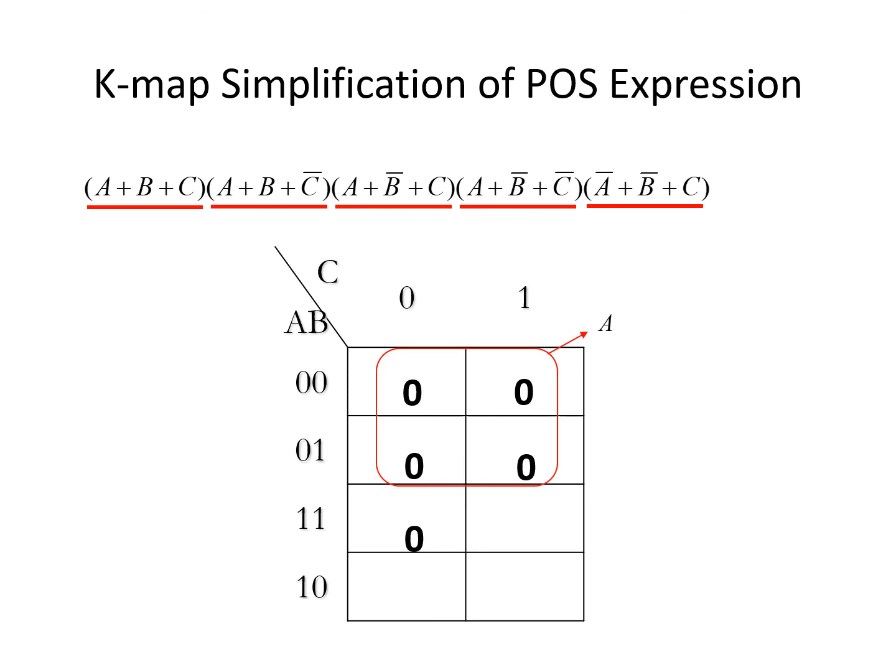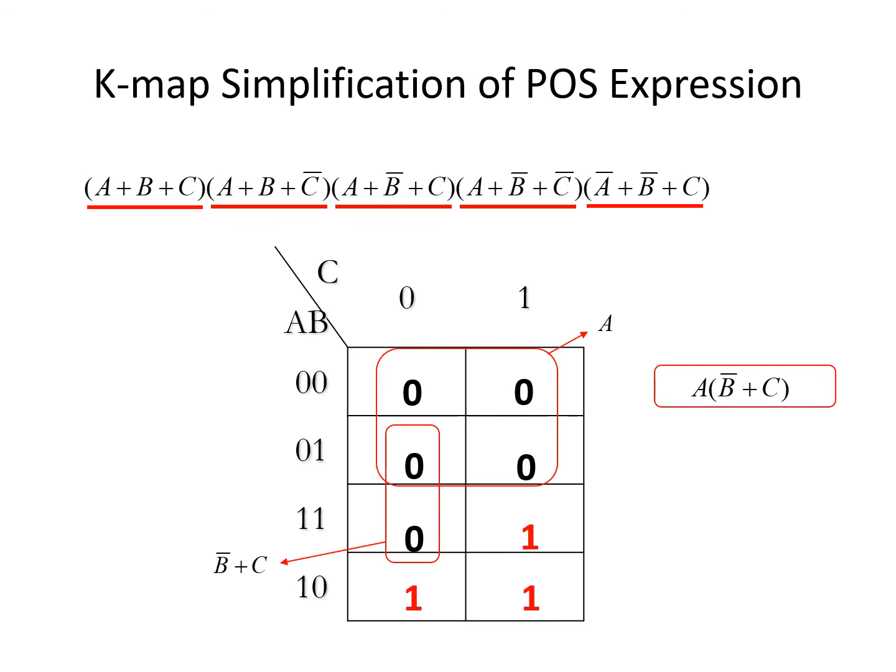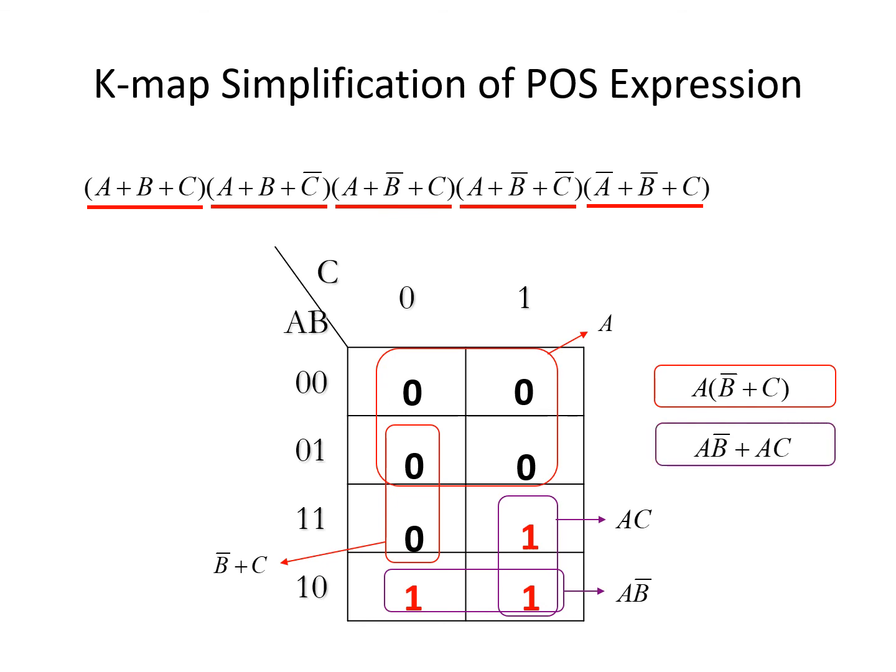Now in POS you need to group the zeros and you will be getting the sum term. Okay, so there will be two sum terms available. Now we add the total to get the final expression, the minimum expression. So what is shown next is going to be the sum of product expression.